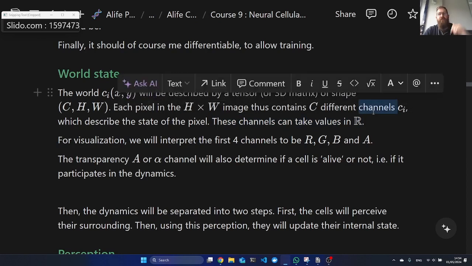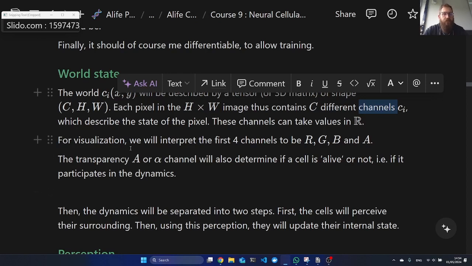The different values that a pixel carries, we call them the channels. So you will have the red, green, and blue channels, which will determine how the pixel appears. But there will also be a bunch of other channels which are not visible to us, but which the model can use to evolve.